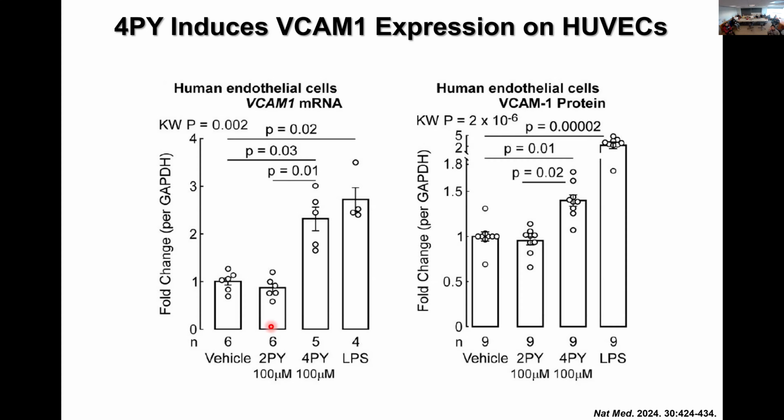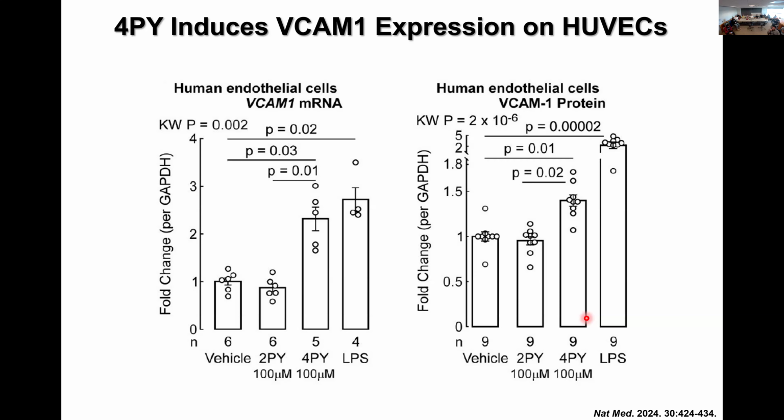Then he independently tested 2PY and 4PY. What this data shows is that biologically, 4PY is the compound really driving this, because 2PY doesn't seem to increase VCAM at the RNA or the protein level.